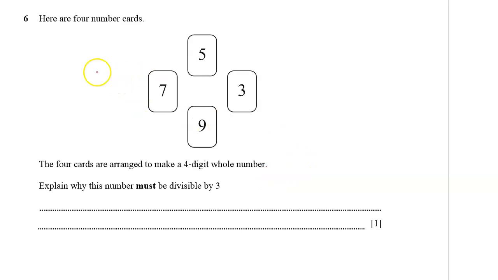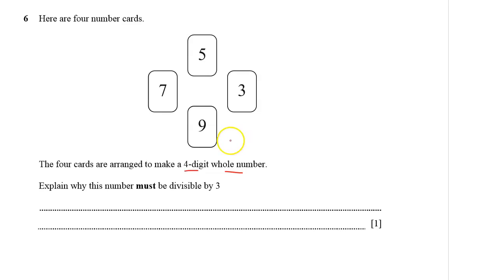Question number 6. Here are 4 number cards: 7, 5, 3, 9. The 4 cards are arranged to make a 4-digit whole number. Explain why this number must be divisible by 3.